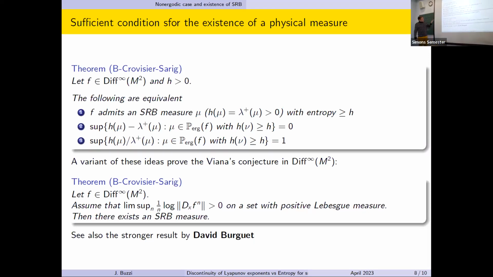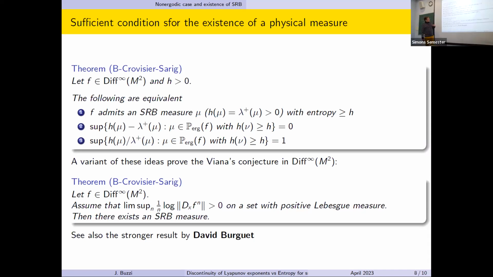So that's a characterization of the existence of an SRB measure of positive entropy by thermodynamical formalism. Another way to describe SRB measures is that they are absolutely continuous along the unstable foliation. And in fact, it's known, I'm not sure who proved it, if it was Ledrappier-Young.